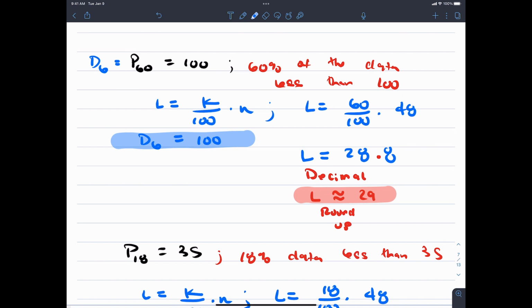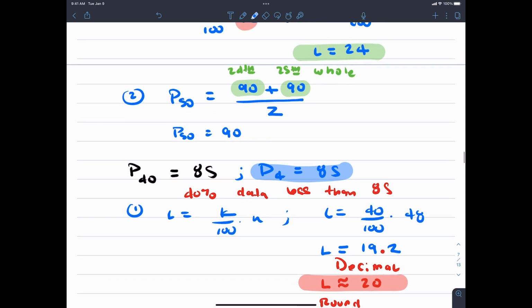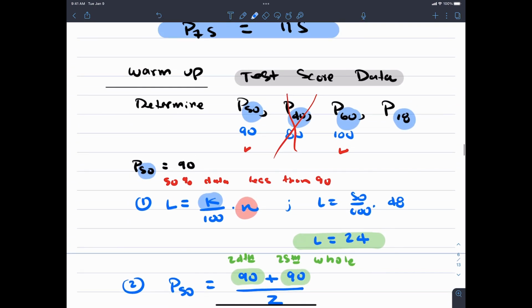Deciles. P40, what is this? D4 is what? 85. If you can find percentiles, you can find deciles, D4. D5 is really what? P50 is D5.